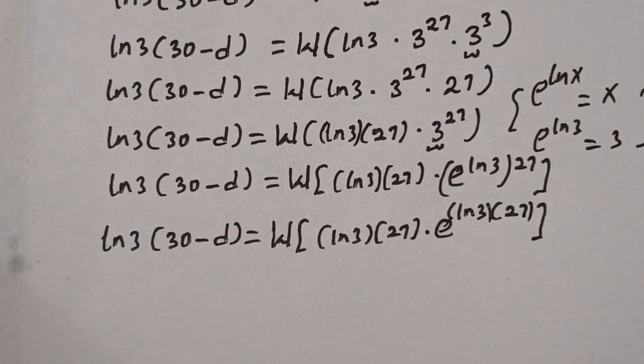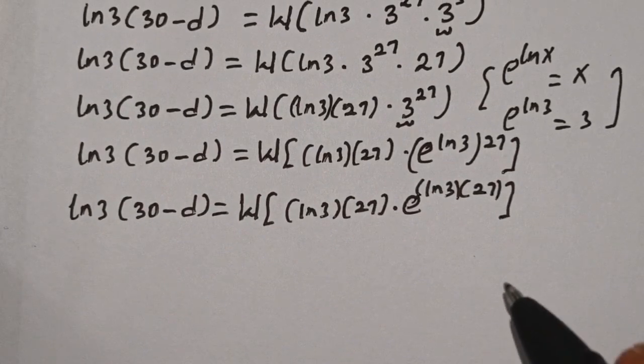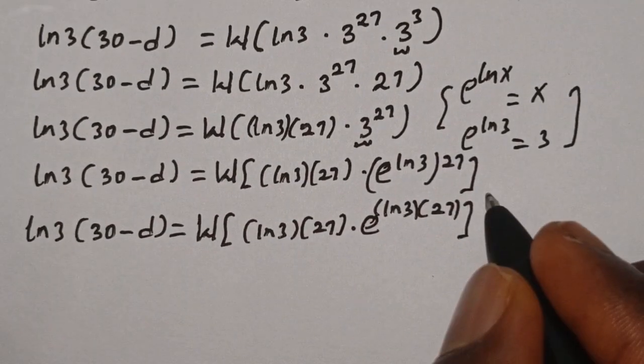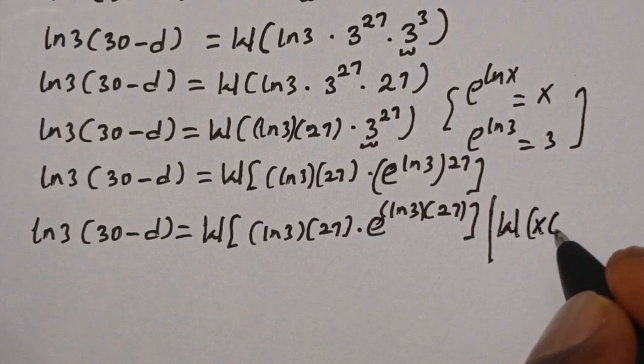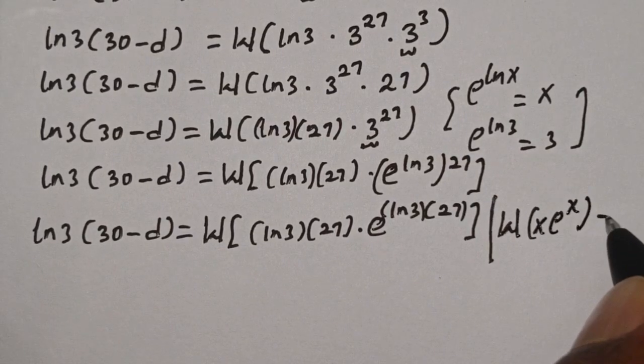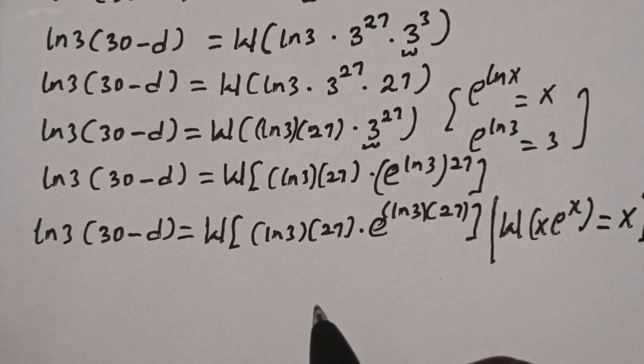Let's continue. At this stage, we have to recall the Lambert W function again, which says W of x times e to the power of x is equal to x. This is the Lambert W function formula.